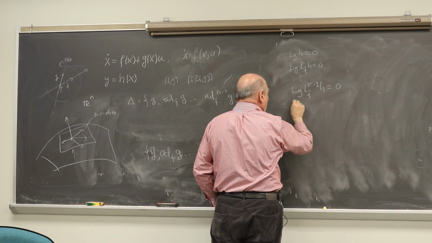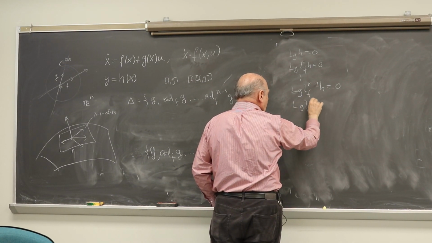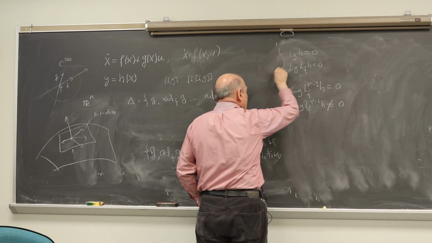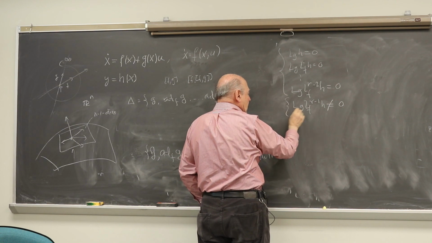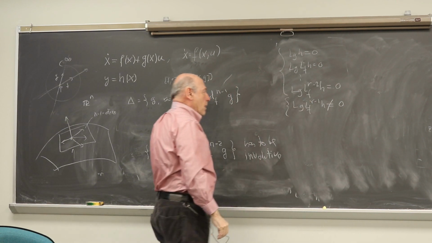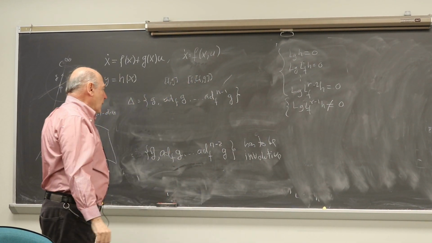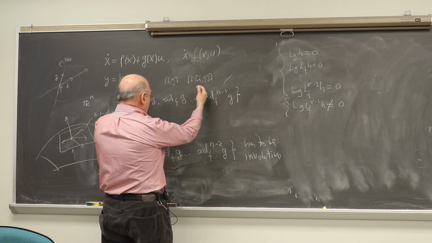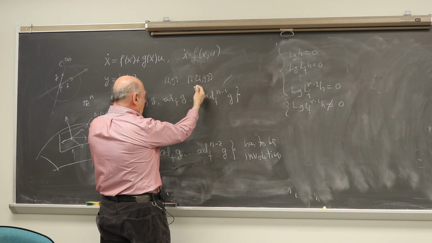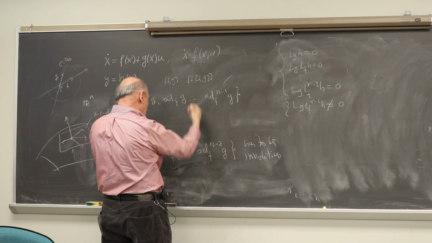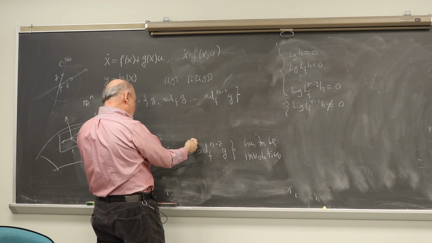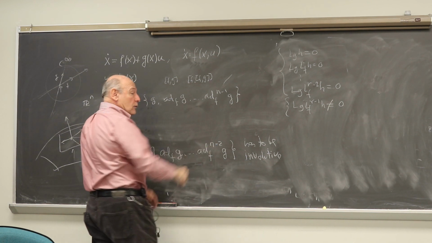L_g L_f^(r-2) h and then L_g L_f^(r-1) h. These conditions have to be all zero. This has to be different from zero. That's the relative degree. And of course it has to do with this up to a certain point. Now you will have a subdistribution of dimension R, which is linearly independent, and the one smaller than that by one vector field will have to be involutive.